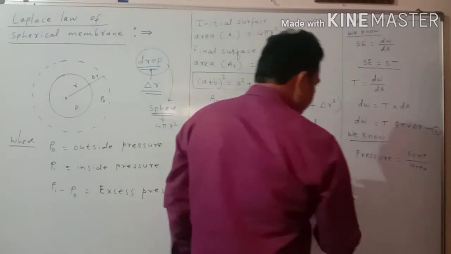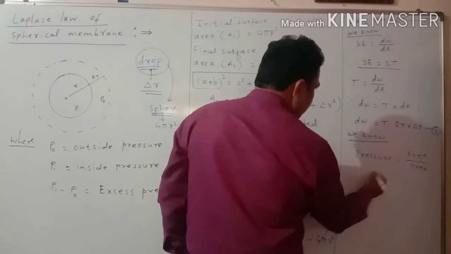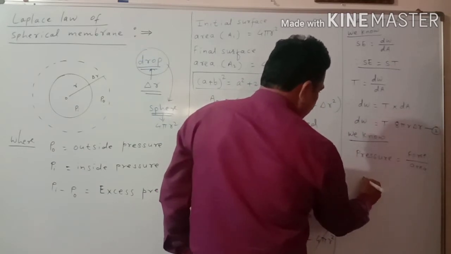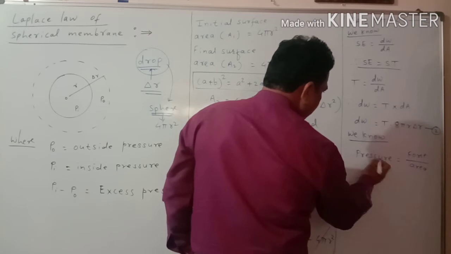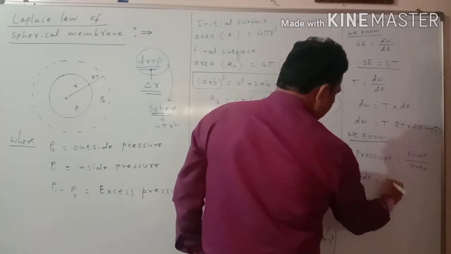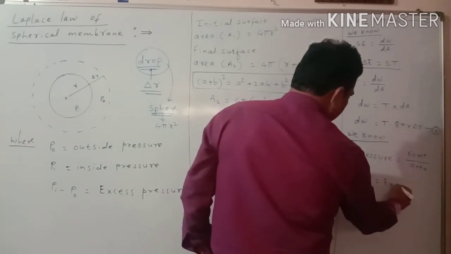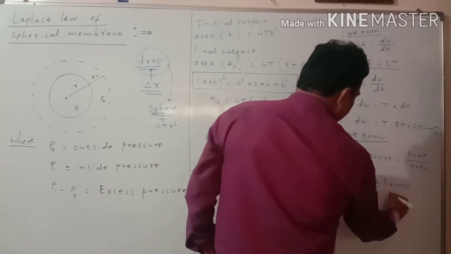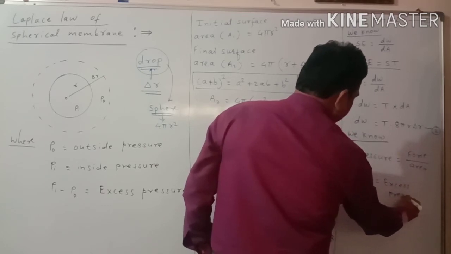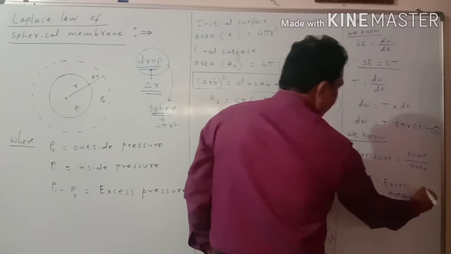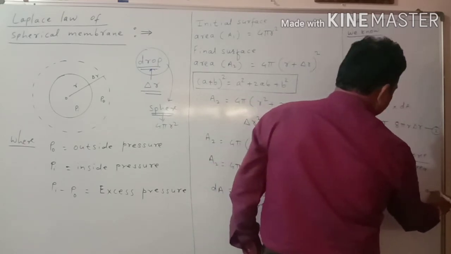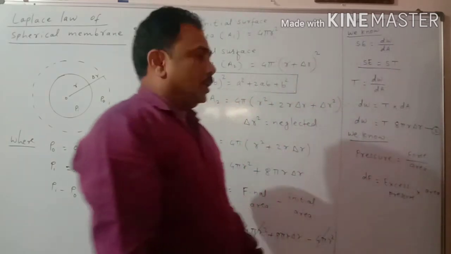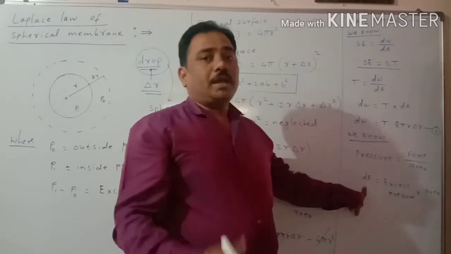So we write the excess force, dF, is equal to the excess pressure multiplied by area. This dF stands for excess force.